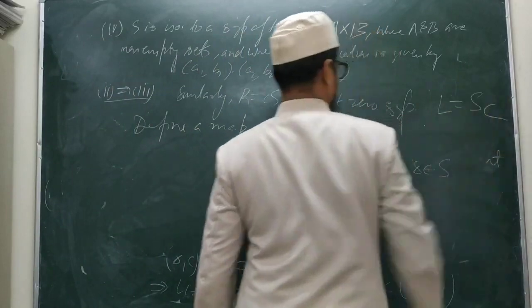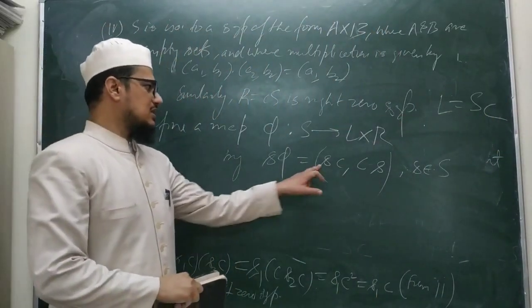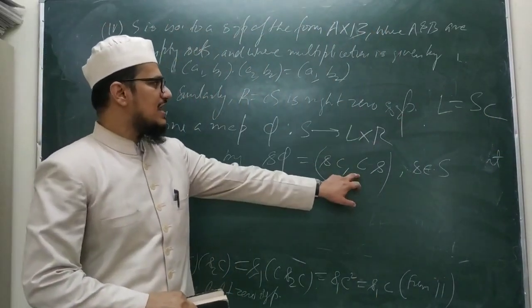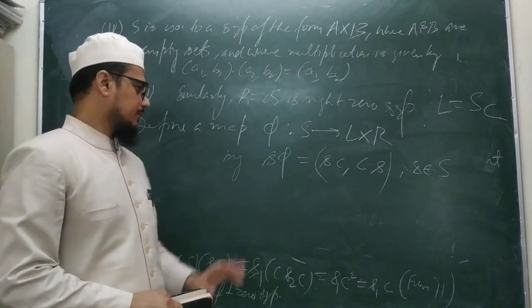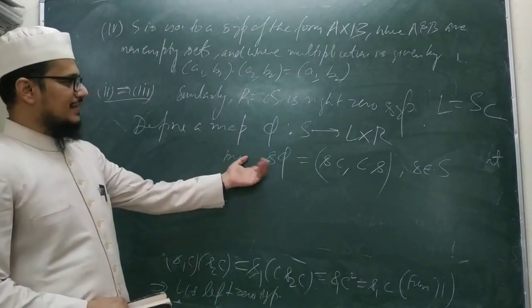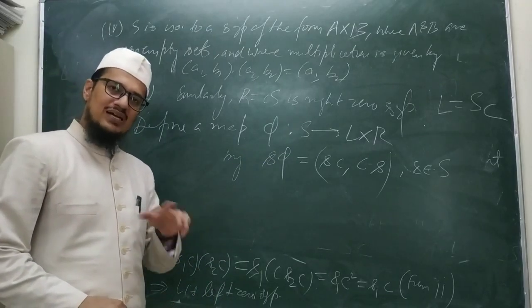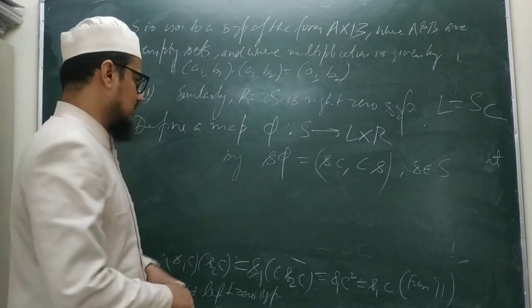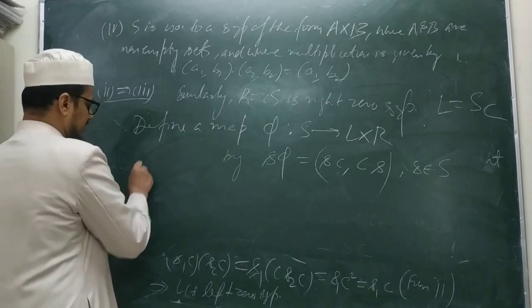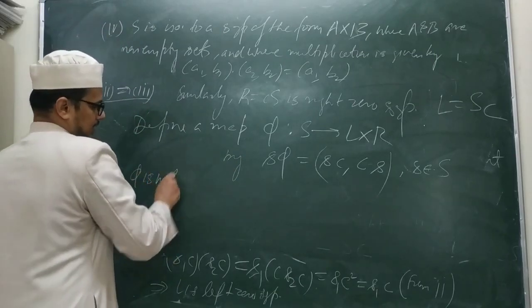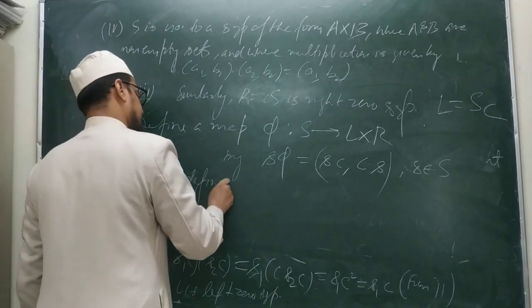L is SC. So SC is going in L and CS is going in R. So we define a map like this. So the first thing we have to see is that the map should be well defined. You can see well that the map is well defined.